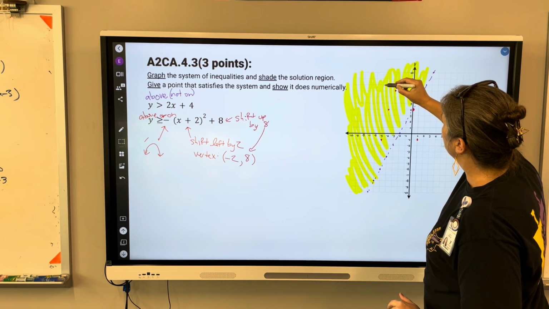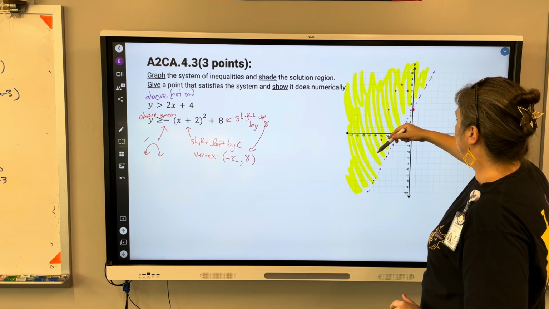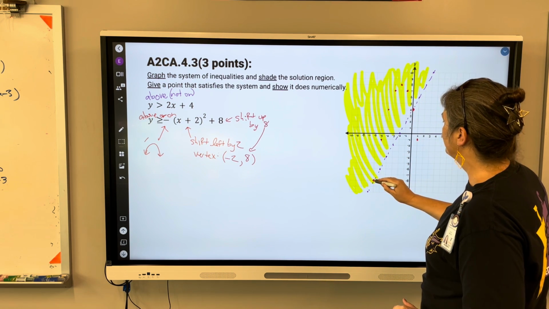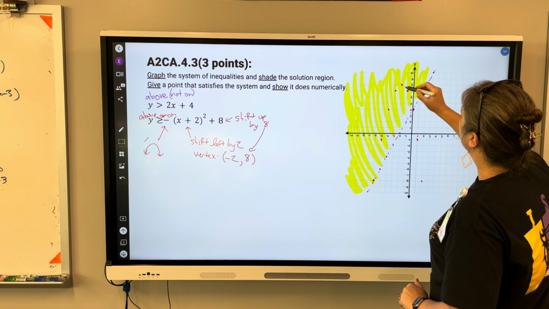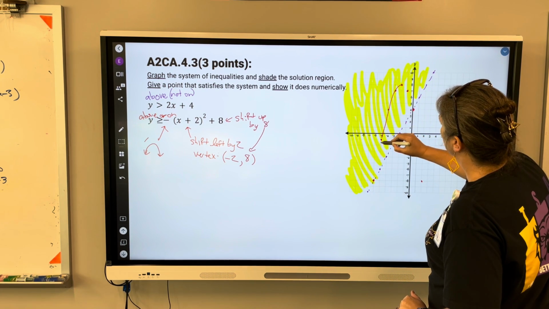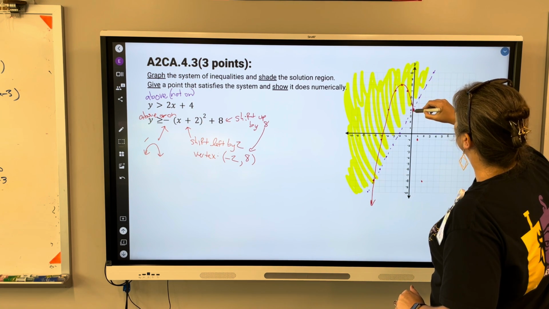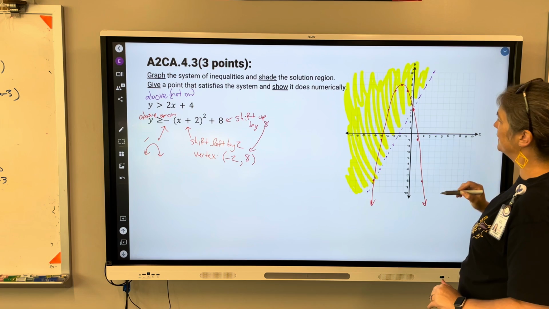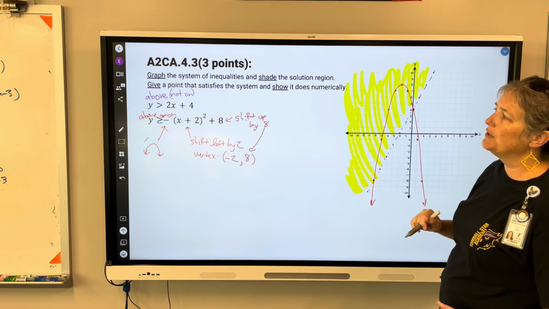If I go over 1, 2, 3, 4, I'm gonna go down 16, which 8 plus 8 is 16. Oh, I found the other intersection point, and then mirror it. Okay, so here we go. All right, there's my parabola. It is a solid line because I'm good to be on it.